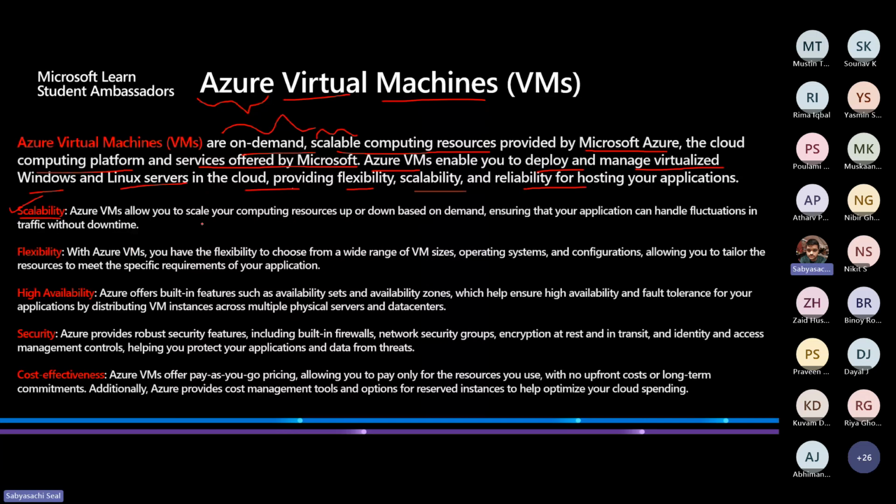Well, coming to the bookish terms, Azure virtual machines allow you to scale your computing resources up or down. You see, scaling up or scaling down on demand, ensuring that your application can handle fluctuations in the traffic without downtime. So, in our case, the bottle is the machine and the water is the traffic. So when there's more traffic, our bottle becomes bigger.